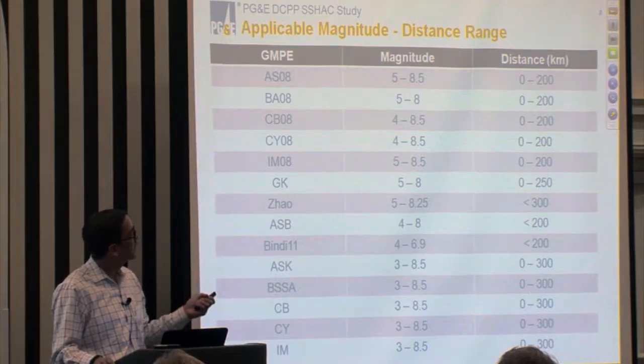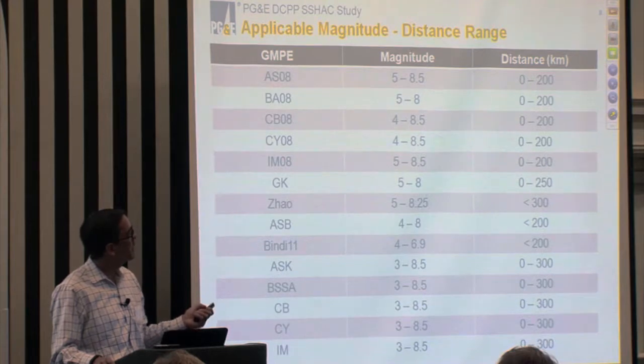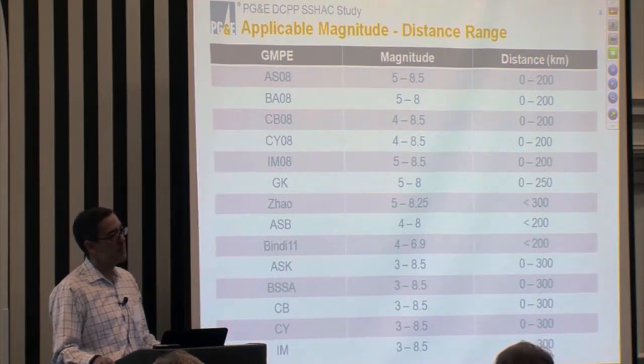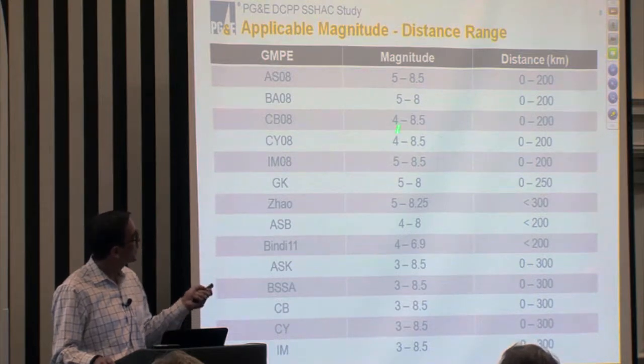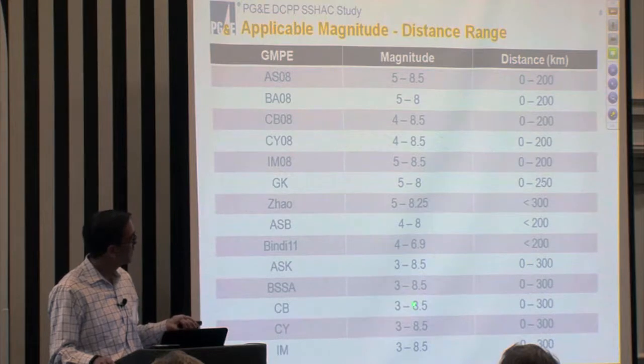So I just made a quick summary table. These are the recommended applicability ranges in magnitude and distance for the GMPEs. For the most part, they are applicable up to large magnitudes, up to about 8, 8.5 in most cases. The one that is not is the Bindi.